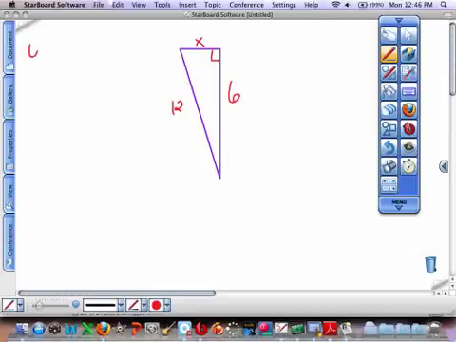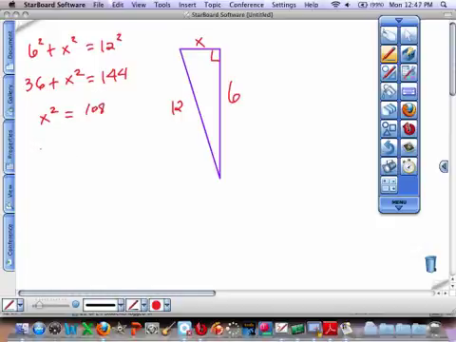So therefore 6 squared plus x squared is equal to 12 squared. All right, so what is 6 squared? 12 squared? Okay, so therefore x is equal to the square root of 108.